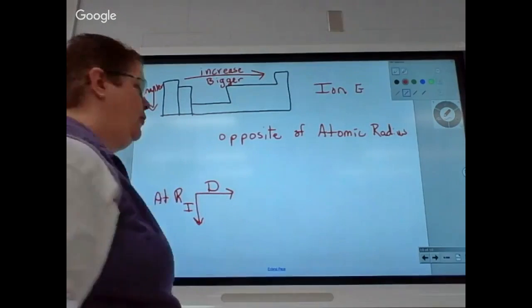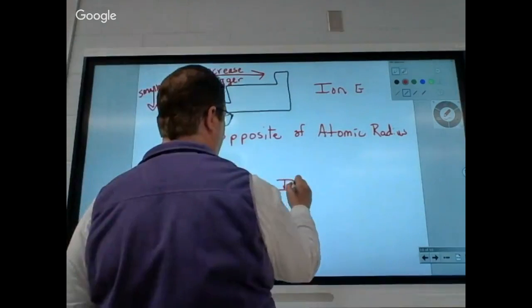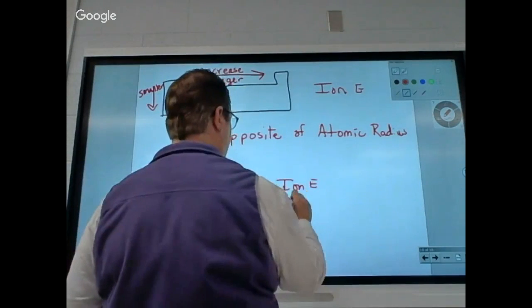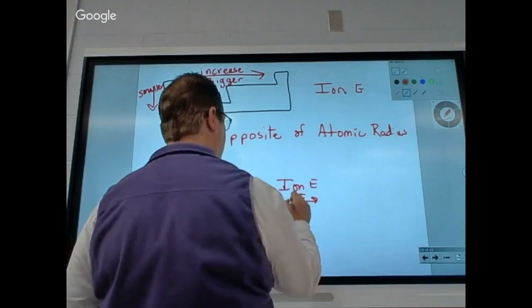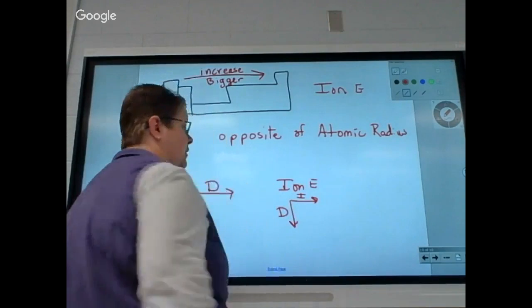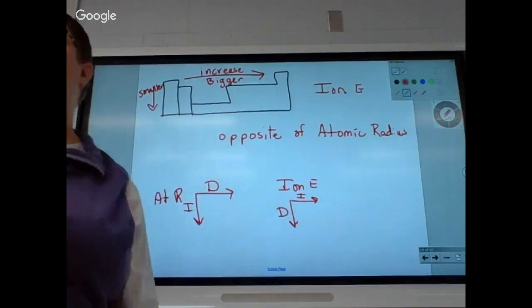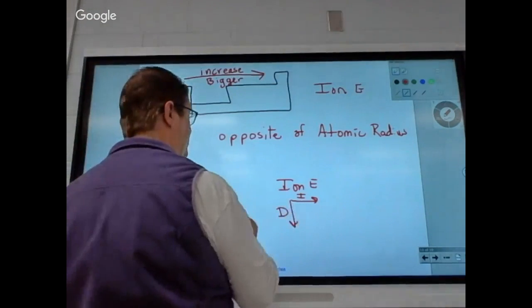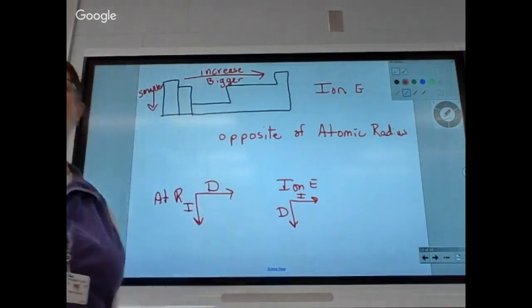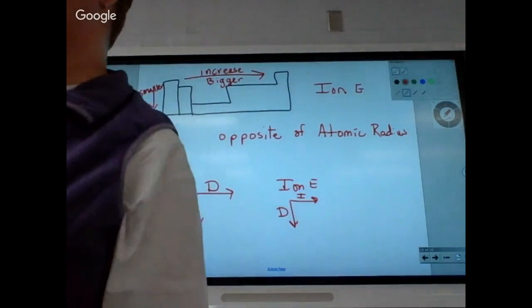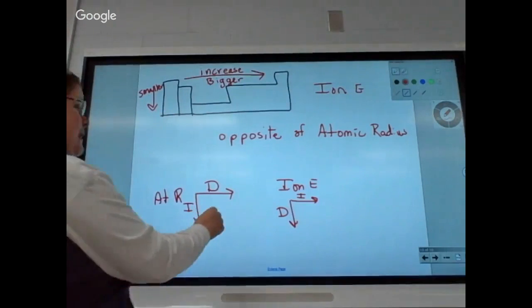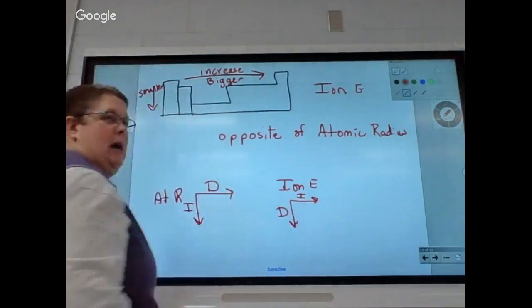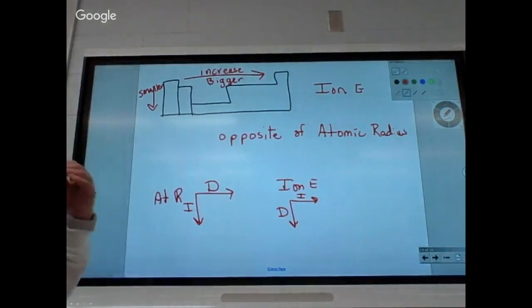So when I need to do ionization energy, increase, decrease. So if you actually looked at my answer key for the periodic table test, I got these arrows all over the place because I know my learning style. My learning style is visual. I need these arrows, okay? That's how I keep myself straight.